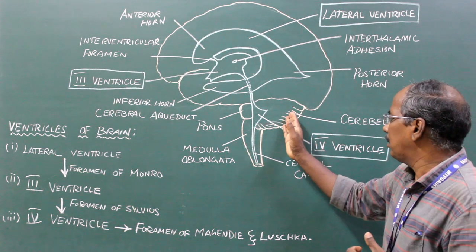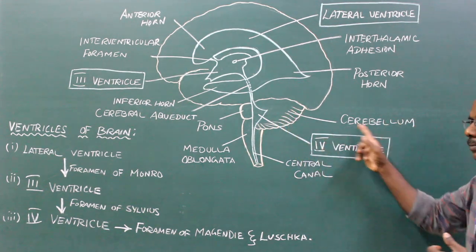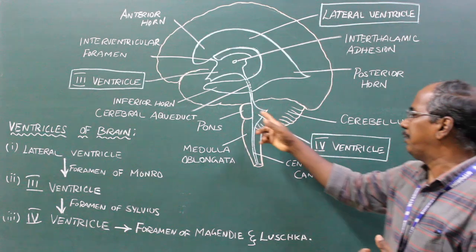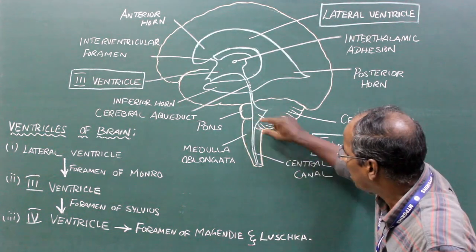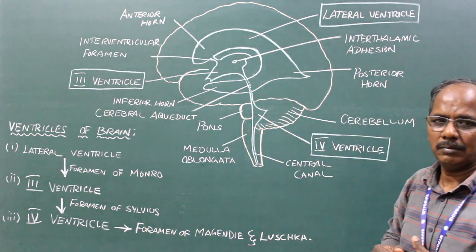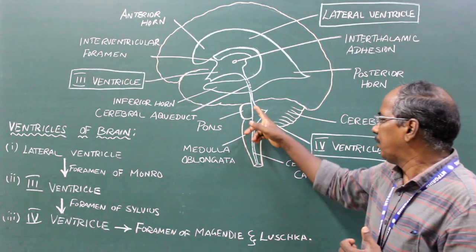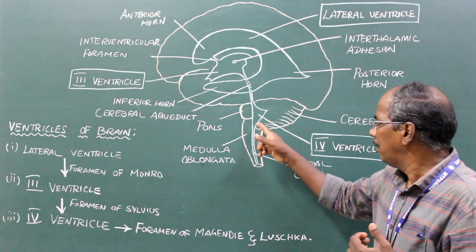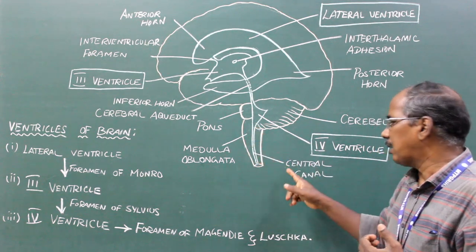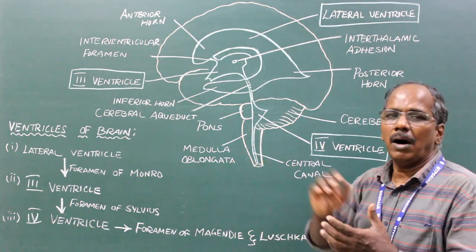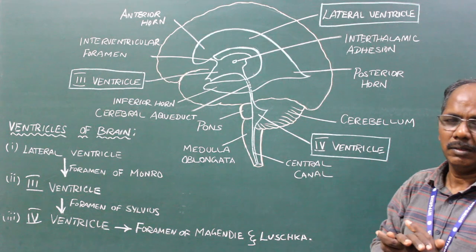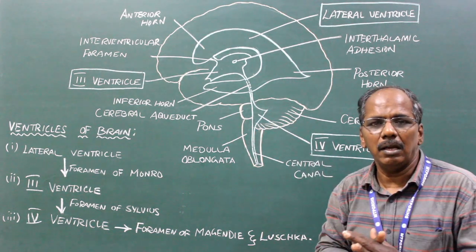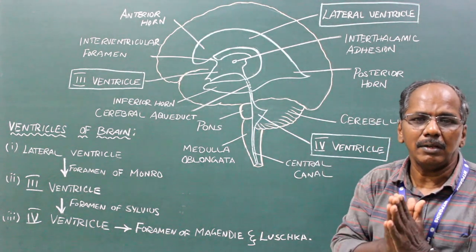It is present in front of the cerebellum and behind the pons and upper part of medulla oblongata. The 4th ventricle continues below as the central canal of medulla oblongata. The 4th ventricle is rhomboidal in shape.